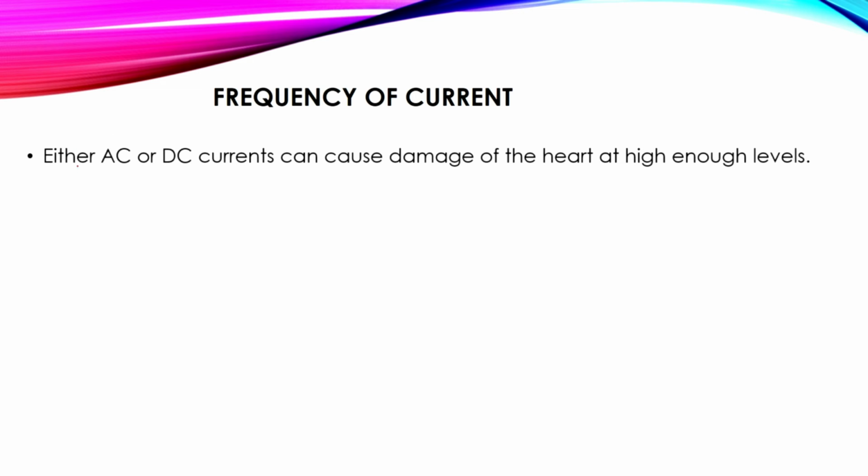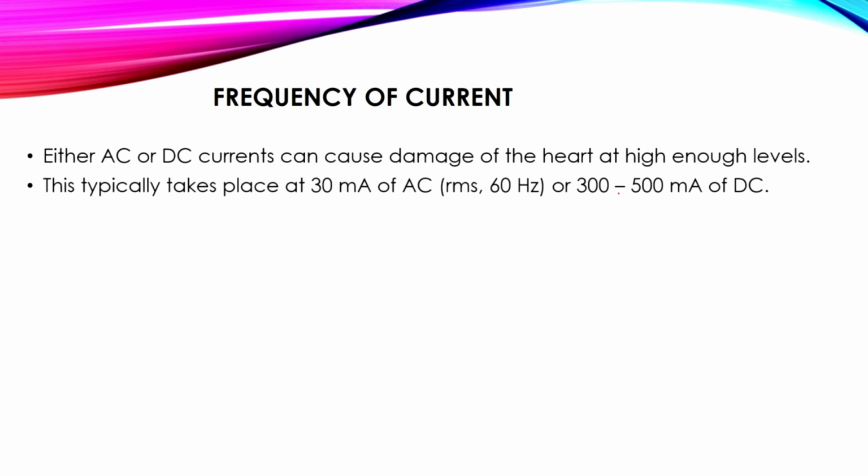Now, the effect of frequency of current. AC or DC currents, both of them can cause damage to the heart at high enough levels. But AC is much worse than DC. Why?